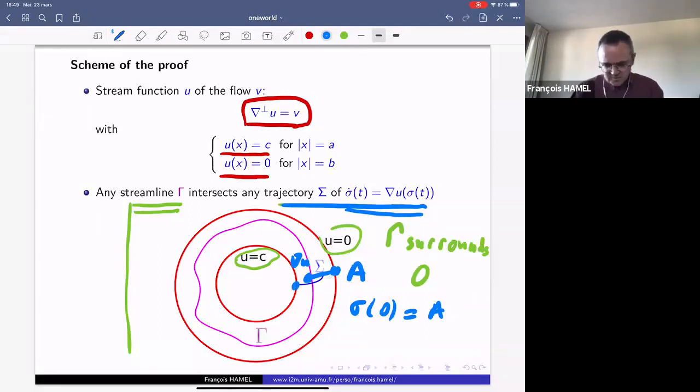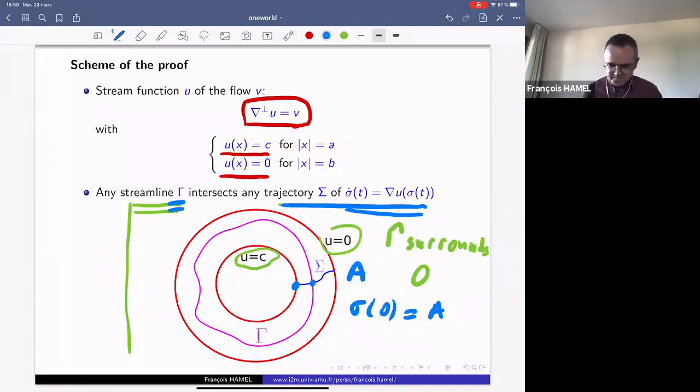And therefore, by continuity, any streamline capital gamma has to cross capital sigma. So we have this picture: there is a crossing between these two curves. Let me erase some things. Necessarily we have this picture, with a crossing point which is unique because little u is strictly monotone along capital sigma.